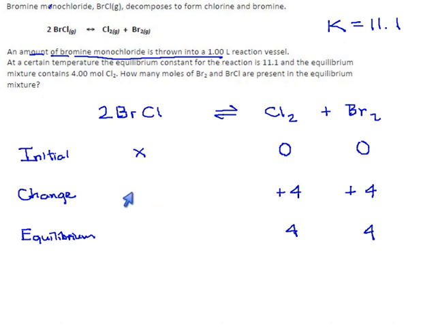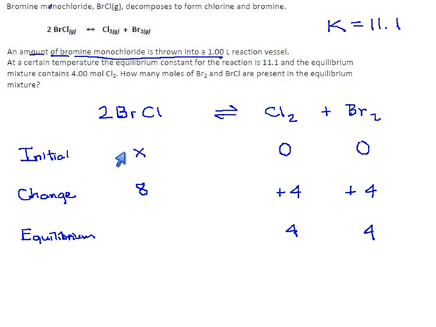How about over here? How much bromine chloride do you think we used up? According to the coefficients, however much chlorine you've got, you use up twice that much bromine chloride. The ratio here is 1 to 2. So whatever number is here, double it, and that gets you the bromine chloride number. So if we created 4 moles of chlorine, we must have used 8 moles of bromine chloride.